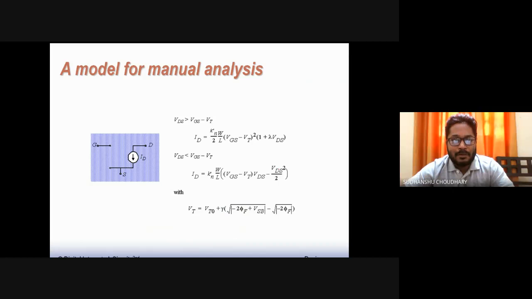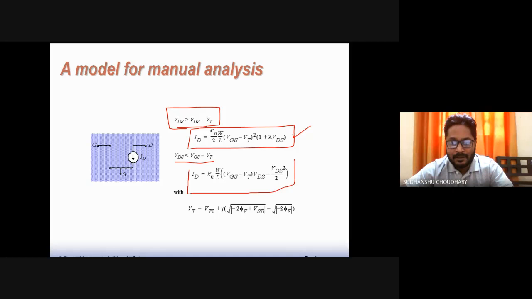Now, a model for manual analysis could be that you put, between the drain and source, a voltage controlled current source ID, given by the same equation as the MOSFET current. This one is for the saturation region, that is VDS greater than VGS minus VT, and the next one is for the linear region.